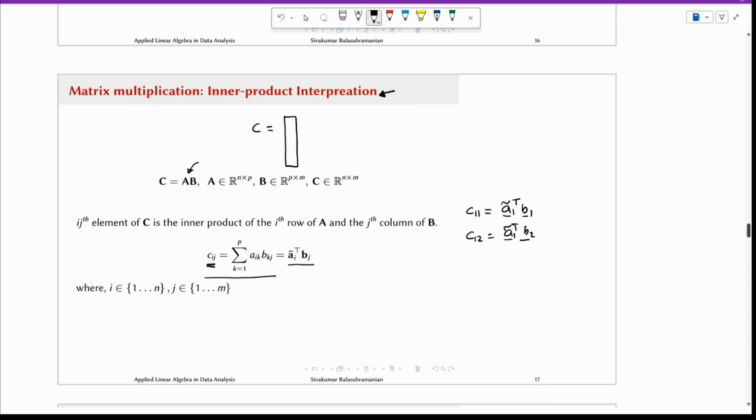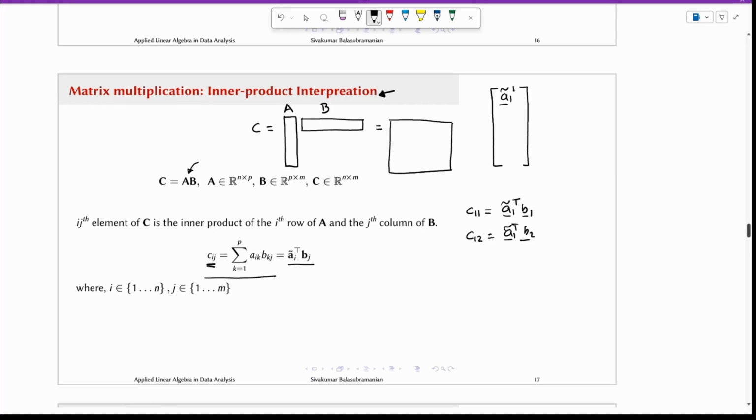If I write A as a block column, and B as a block row, that means what I will then produce is like this. I can represent A as a block column if I write A in terms of its rows. That means I write A like this.